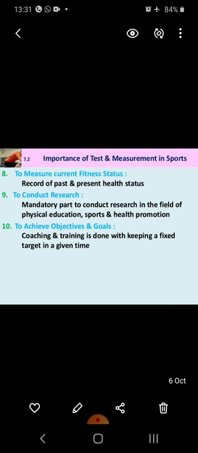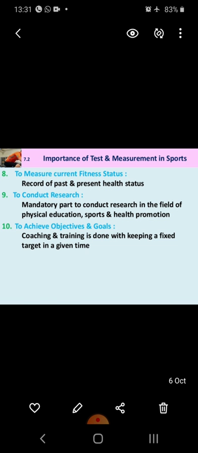So likewise in sports also. I am taking the example of Mr. Sankalp. Sankalp, earlier you ran very fast. Your speed was 13 seconds for 100 meters.